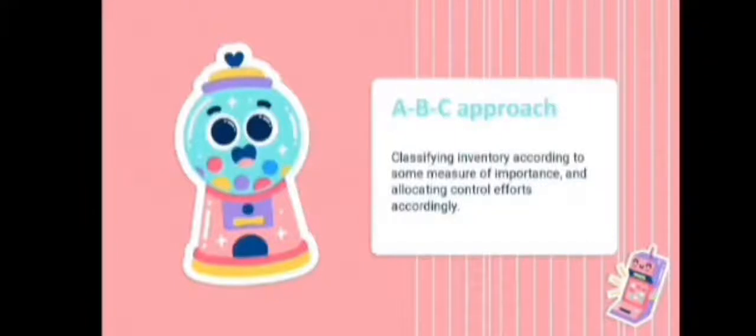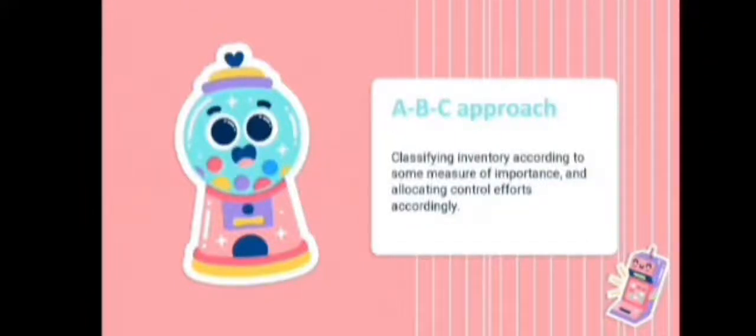It would be unrealistic to devote equal attention to each of these items. Instead, a more reasonable approach would be to allocate control efforts according to the relative importance of various items in inventory.